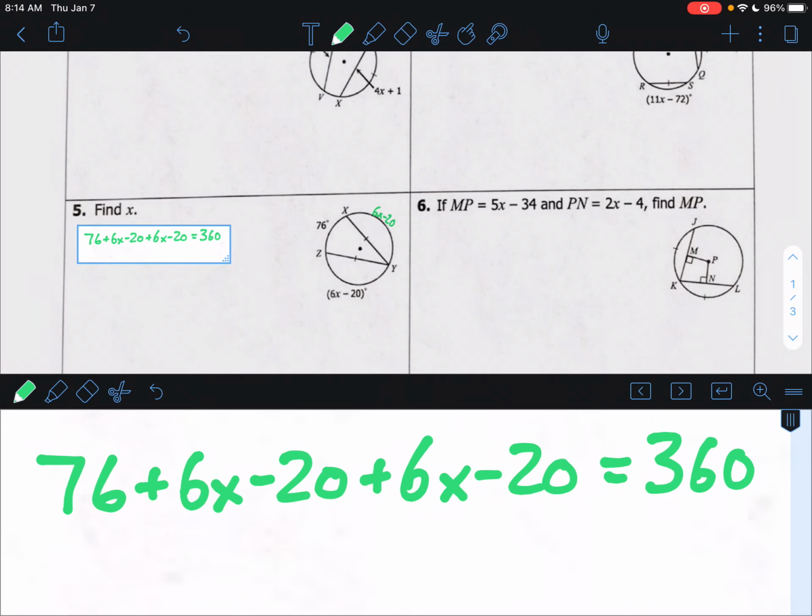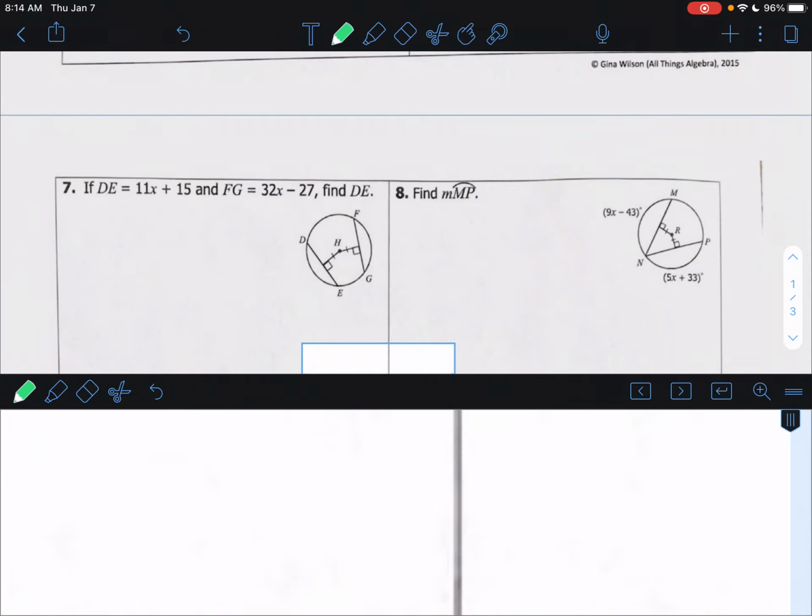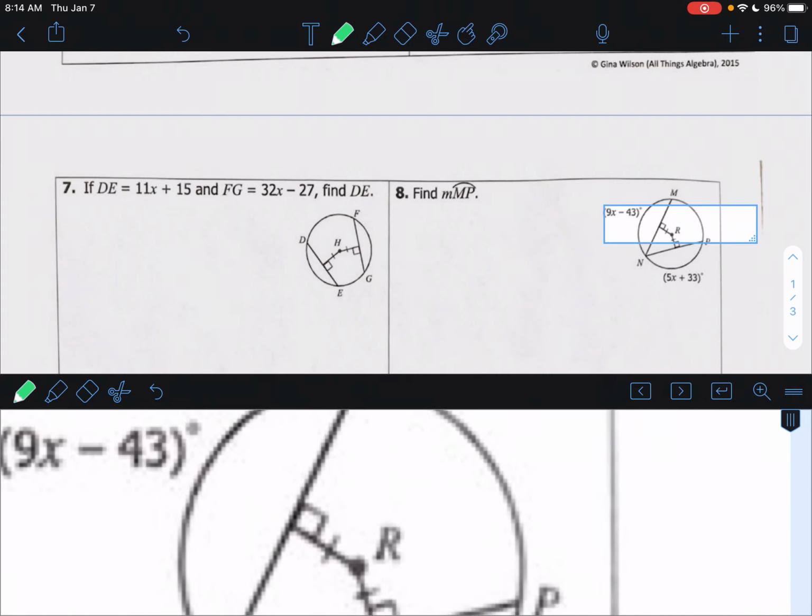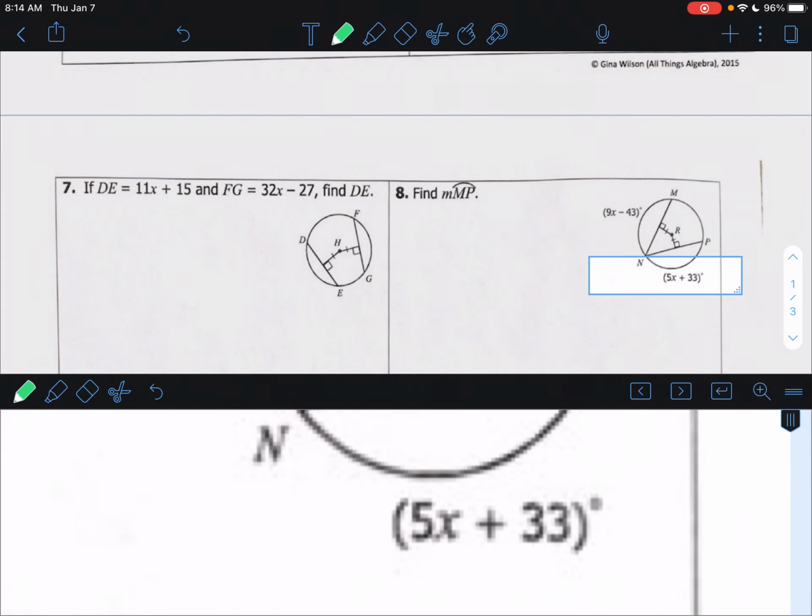I think number 5 was the only one that needed a little bit of explanation at first. Let's see, number 8 here. This one, you're going to do basically what we did for the second example in the notes.